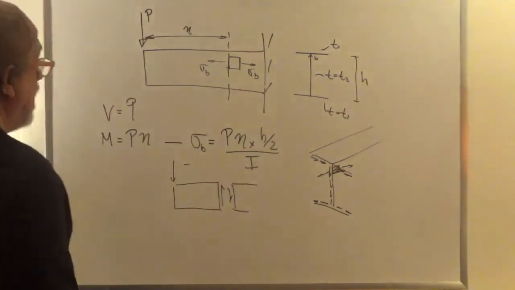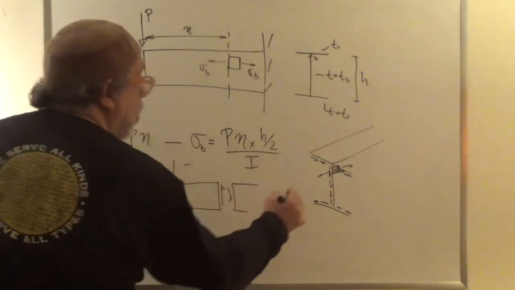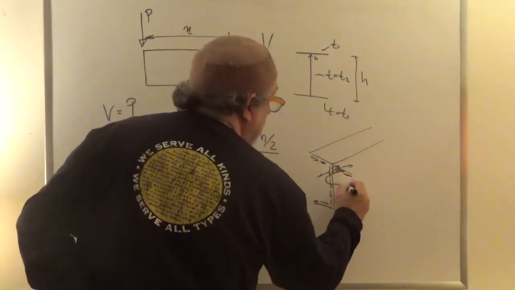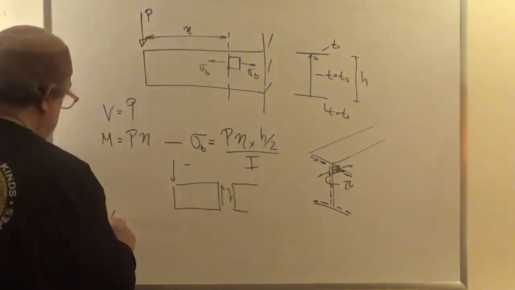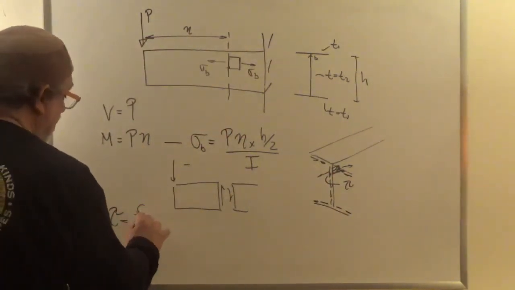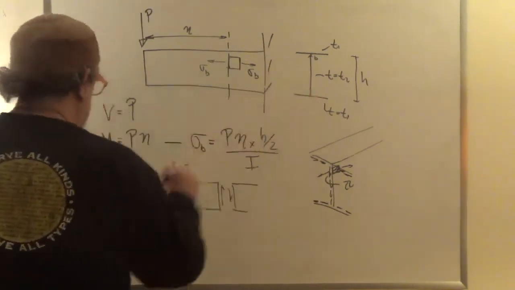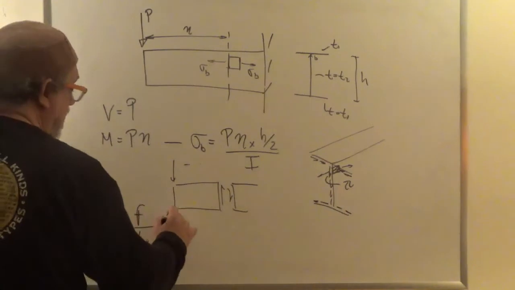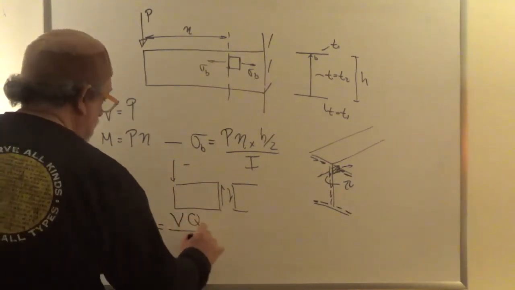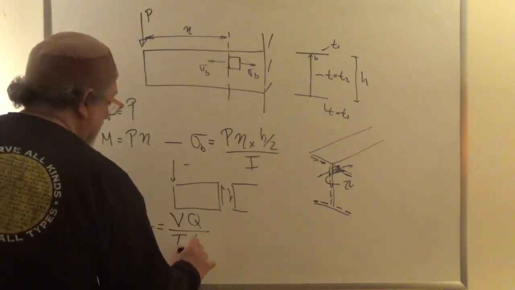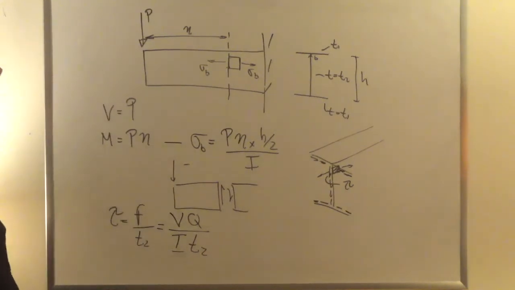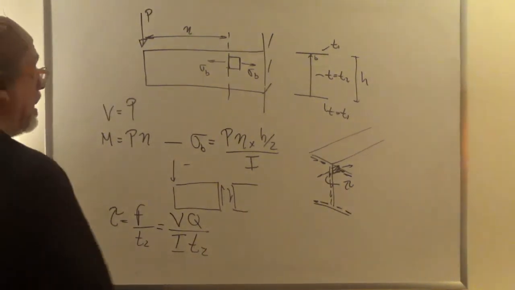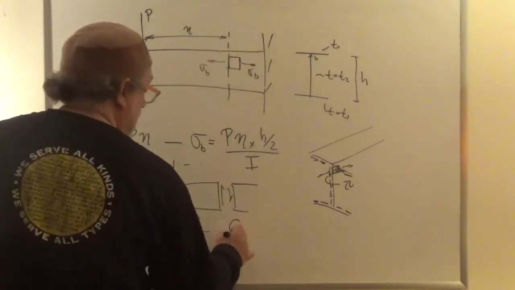That element right there, then we said, okay, what is this shear stress tau? The shear stress tau is the shear flow divided by the thickness. The thickness at that point is T2. And what is the shear flow? It is VQ over I, T2, right? So we know I, and then how do we calculate the Q there?